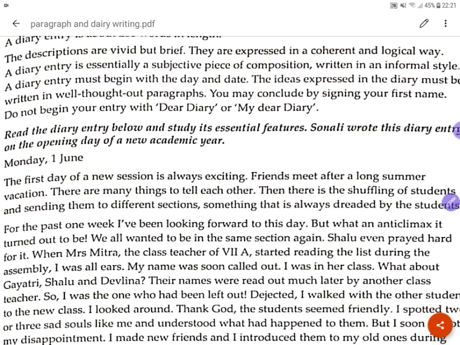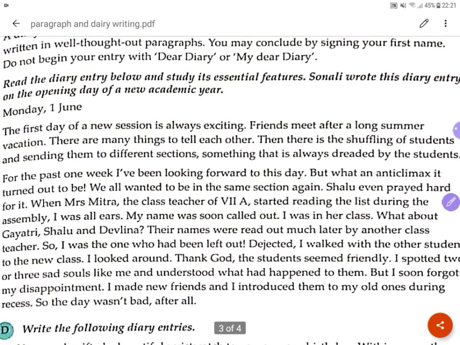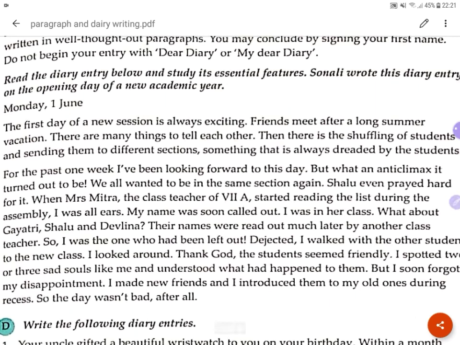dreaded by the students. For the past 1 week, I have been looking forward to this day. But what an anticlimax it turned out to be. We all wanted to be in the same section again. Shalu even prayed hard for it when Mrs. Mitra, the class teacher of 7A, started reading the list during assembly.